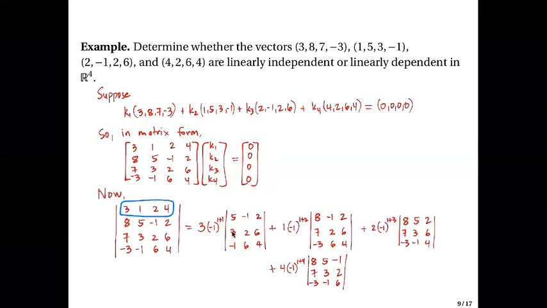So you need to compute the determinant of each of these. Okay? So try to work on your working space.